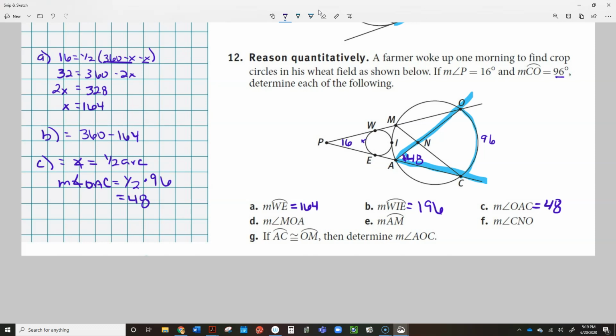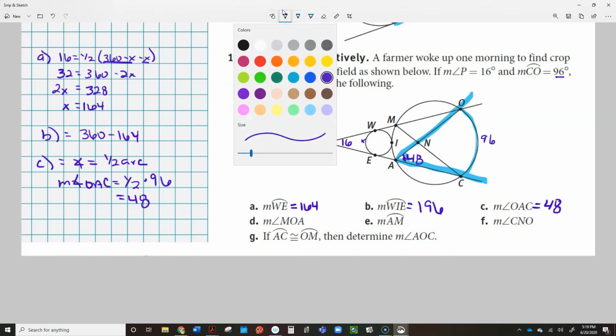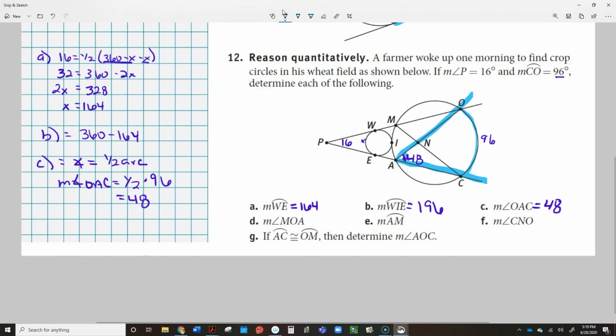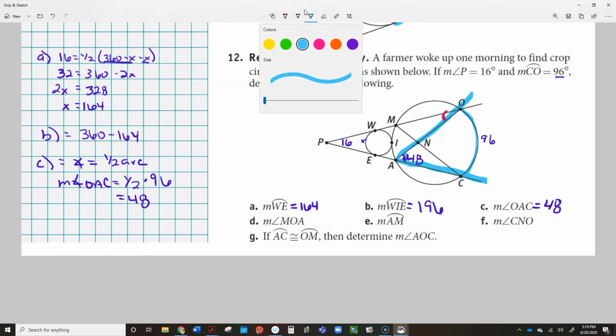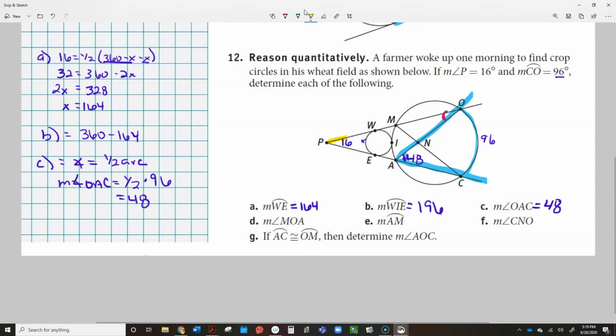Now they want me to find the measure of MOA. I'm going to change colors just because it's going to get crowded. So they want me to find this angle right here. The first thing I notice is, let me change highlighters, I have a triangle right here.